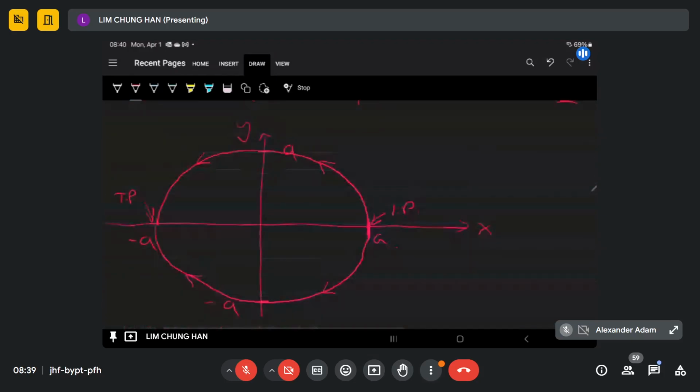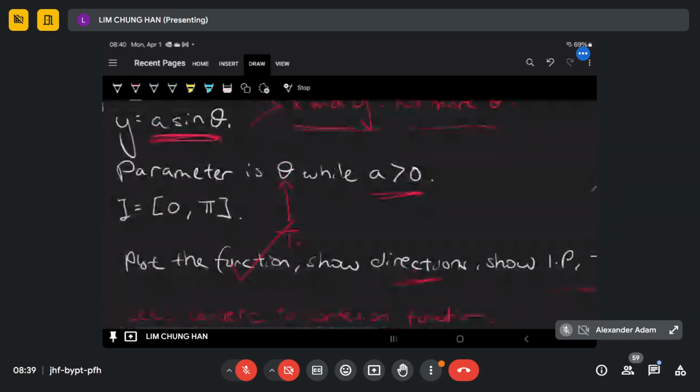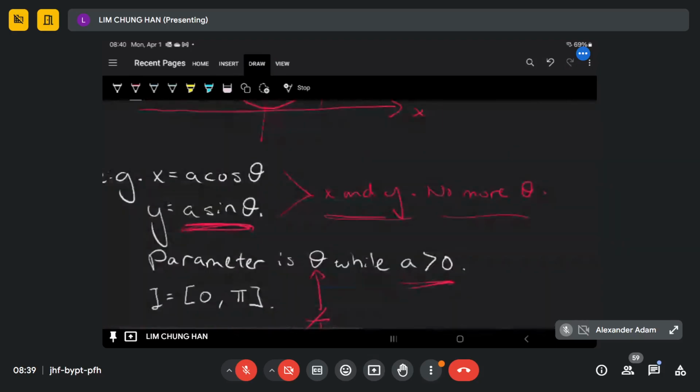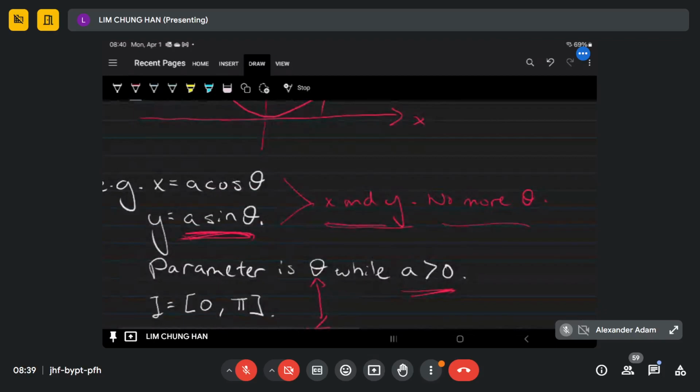Because sine pi over 2 is 1, correct? But you have an a in front. Don't forget. So 1 times a is a.